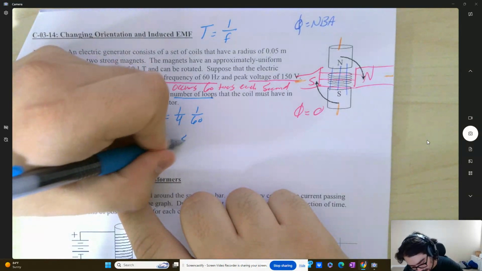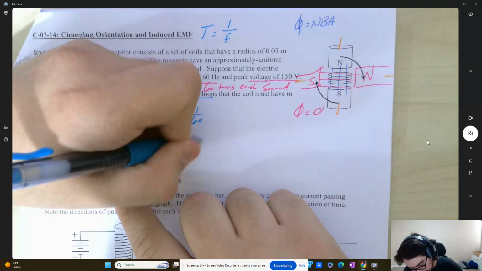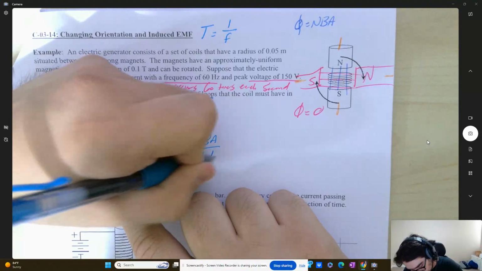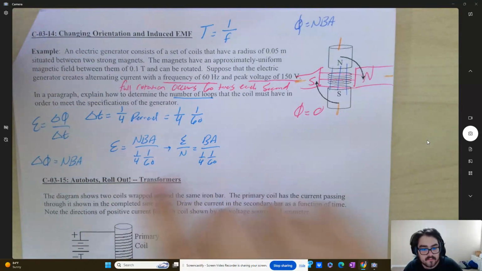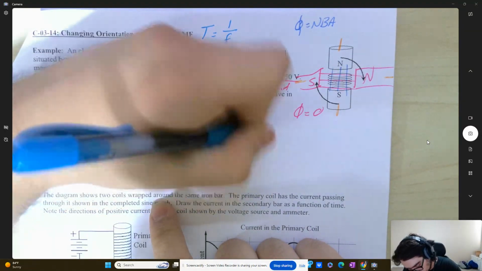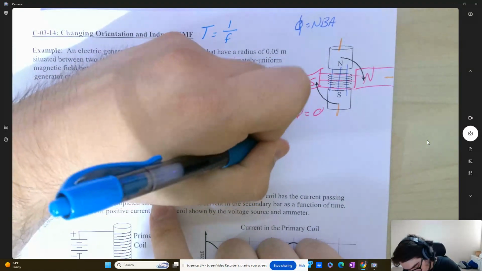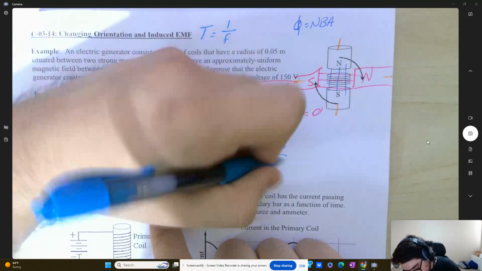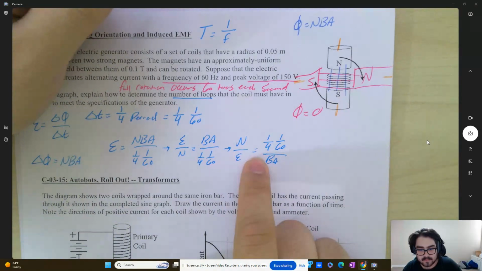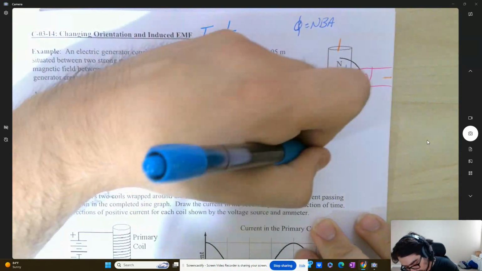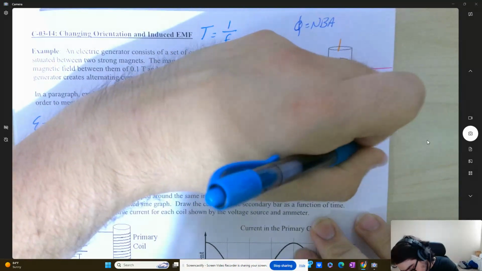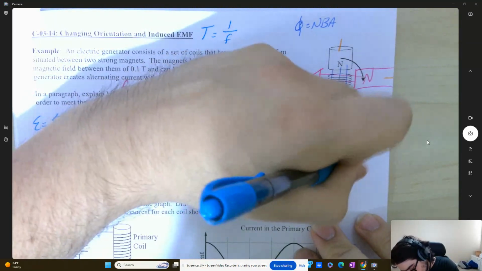That gives me epsilon over N equals BA over 1/4 times 1/60. Flip both sides: N over epsilon equals 1/4 times 1/60 over BA. Then multiply epsilon on both sides, and you get N equals epsilon times 1/4 times 1/60 over BA.